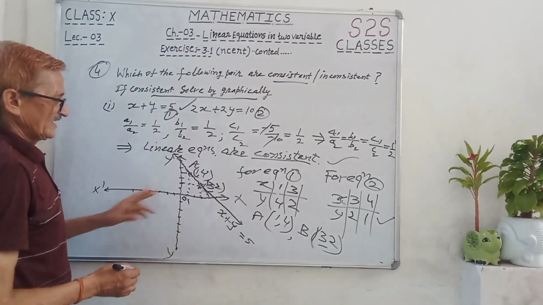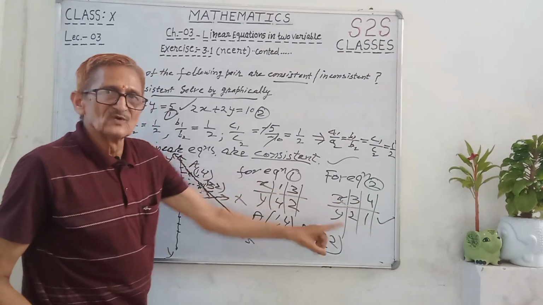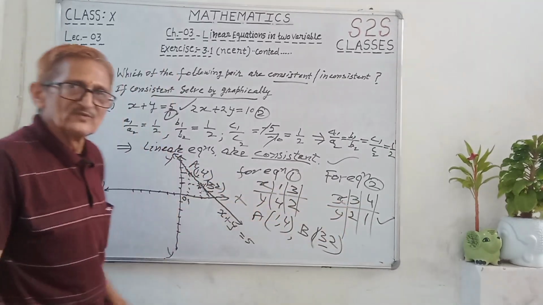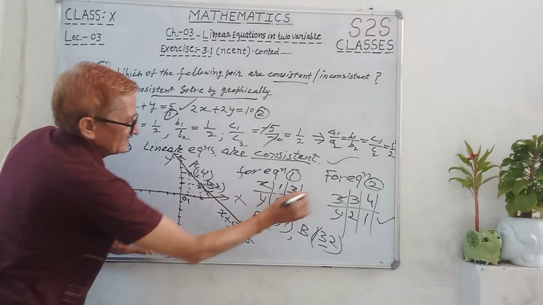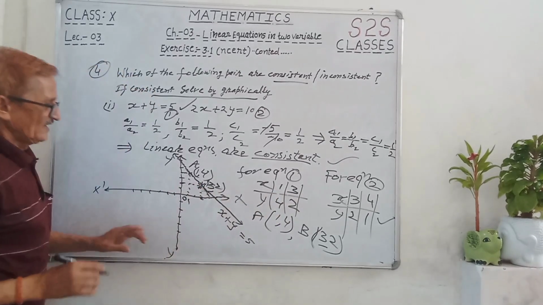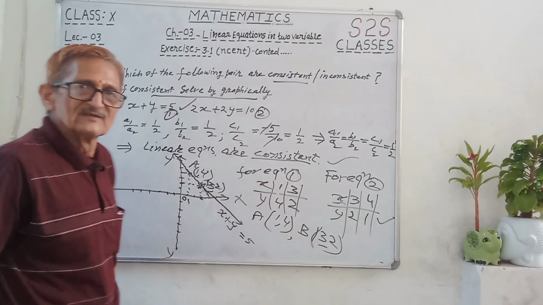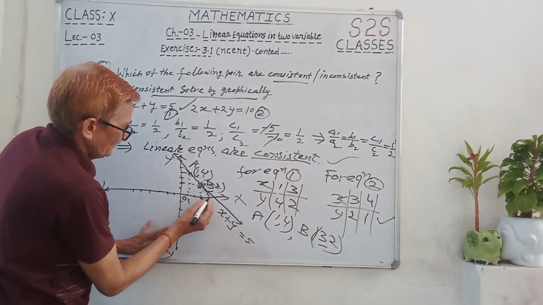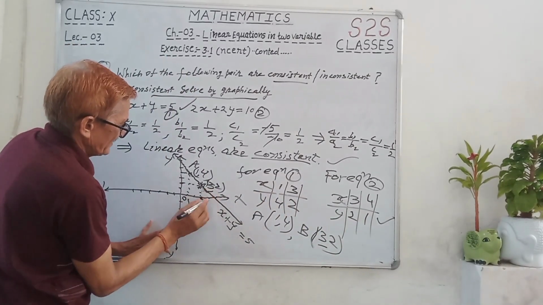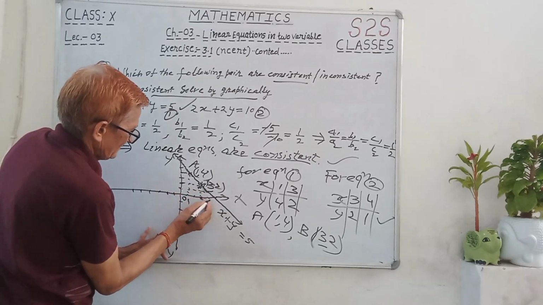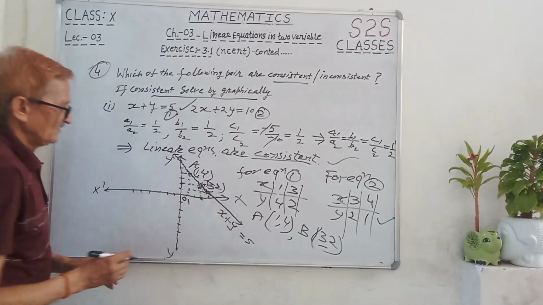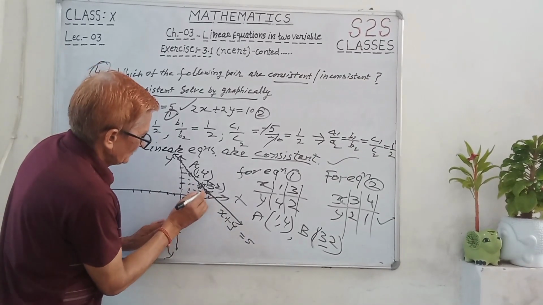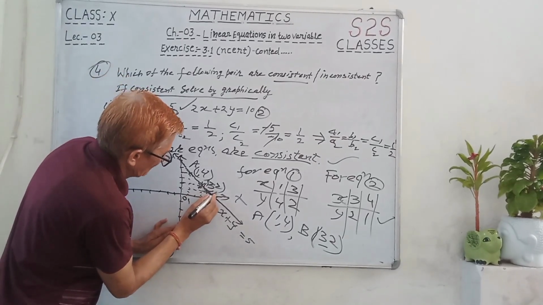Now the second equation also on the same graph. 3 comma 2 is the first point, the same point. After that the second point, 4 comma 1, is here, on the same line.